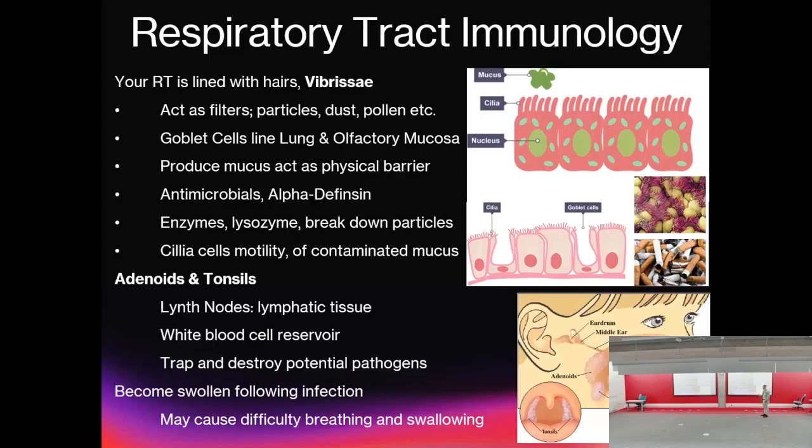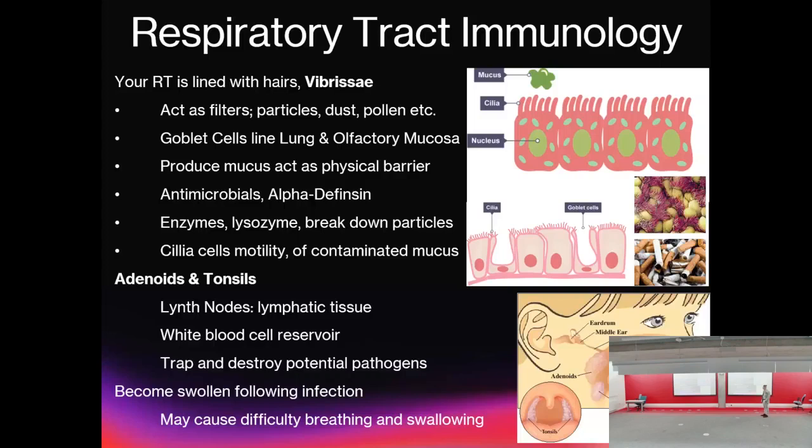You've got enzymes which are there to break down pollen and large protein particles and things like this as well. Your adenoids, your tonsils, they're big reservoirs, like I say, of white blood cells. So they're going to trap nutrients as they pass by. They're going to trap microbes as they pass by. And then your white blood cells are going to get to work on anything that is potentially going to infiltrate on here.